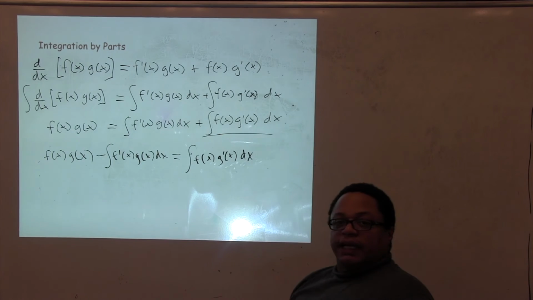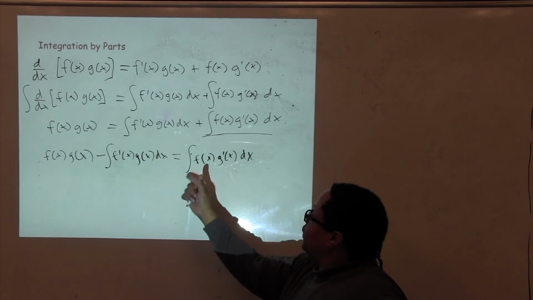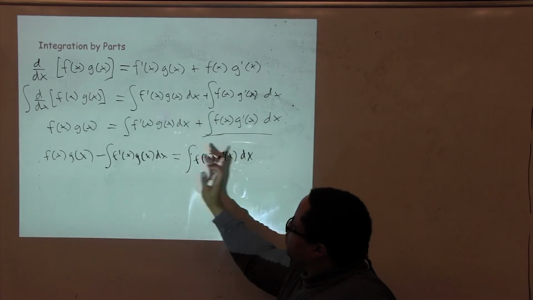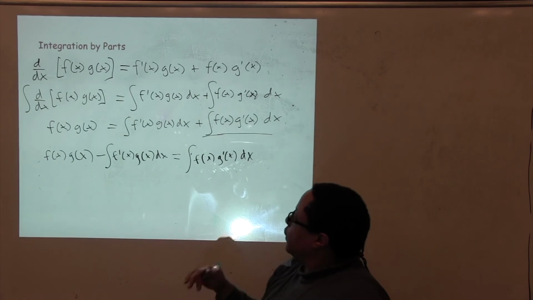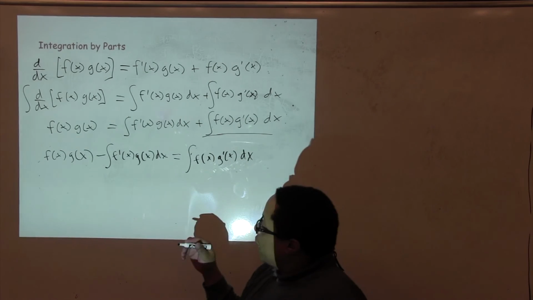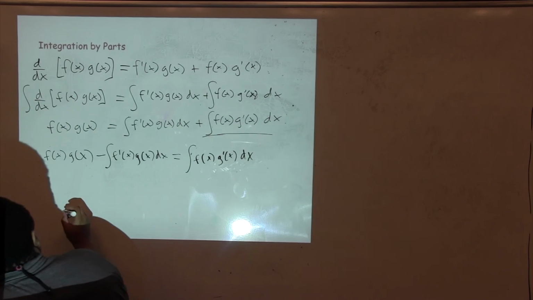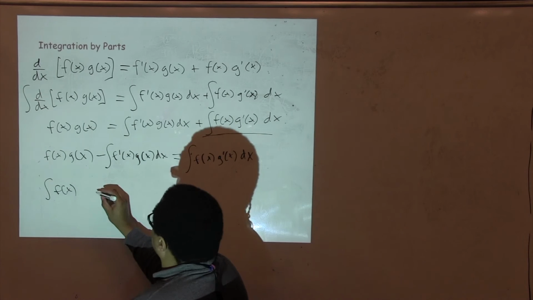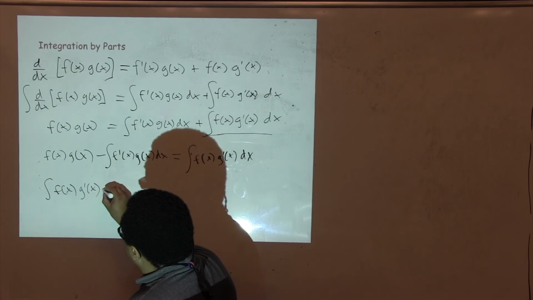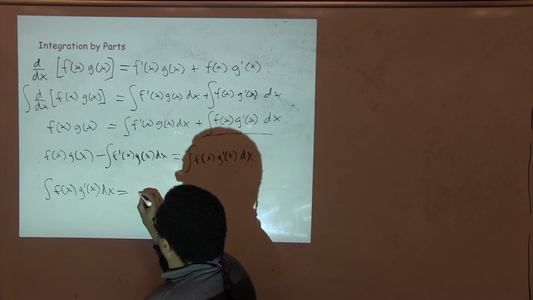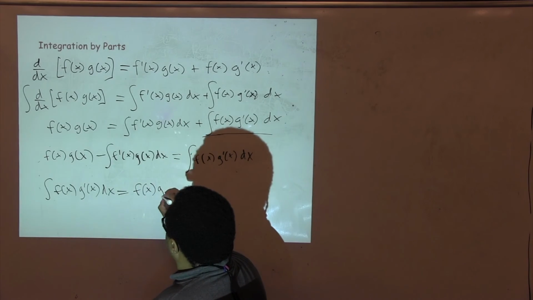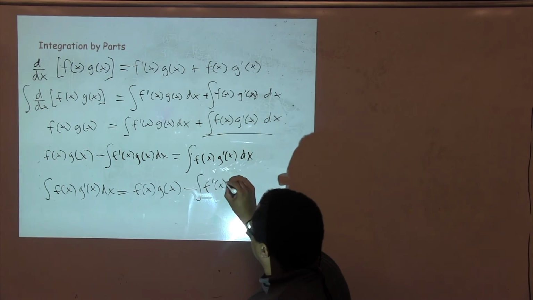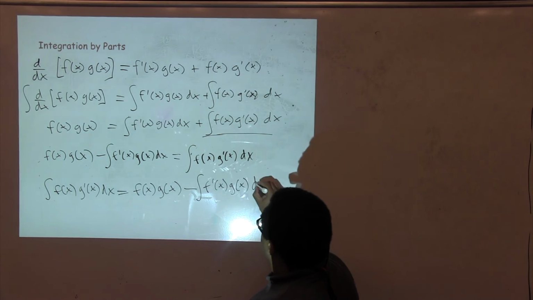Now, of course, for an equality, it doesn't matter which thing is on the left-hand side and which is on the right-hand side. So I'm just going to swap the two sides. So let's do that. And we're left with the integral of f of x g prime of x dx is equal to f of x times g of x minus the integral of f prime of x g of x dx.